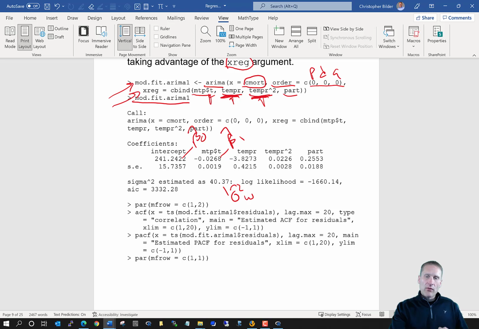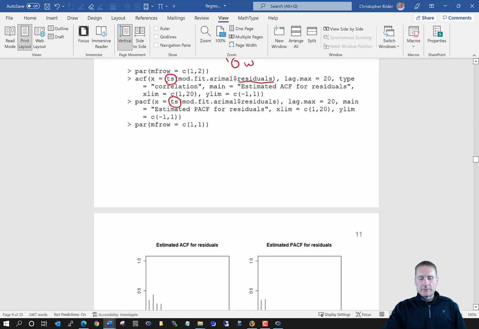In order for the residuals to be represented well on the plot, I need to make this a TS class for these residuals. Otherwise, try it yourself without it, and you're going to see the plot's a little bit distorted in terms of where the autocorrelations are actually plotted.